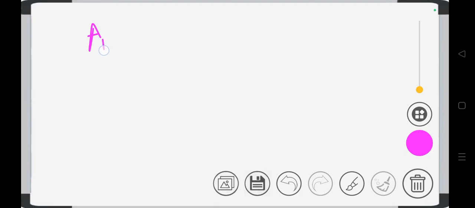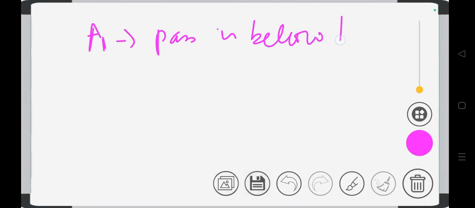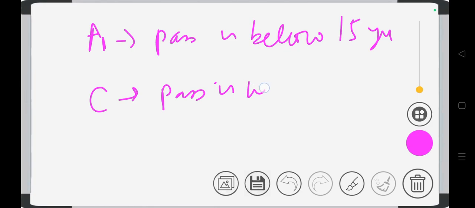First one is called A. So what does A symbolize? A symbolizes that the passenger is below 15 years of age. Then we have input C, and that input symbolizes the passenger is with an adult, that is, an adult is accompanying that passenger.